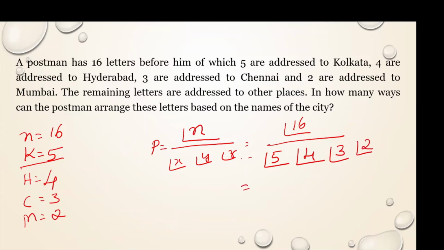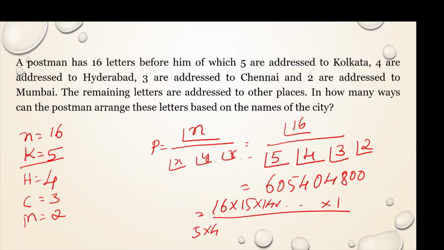And if you calculate this, you will get 6054048000. How to calculate: 16 into 15 into 14 and so on up to 1, divided by 5 factorial, which is 5 into 4 like this. If you calculate, you get this number. That means the postman can arrange these letters in 6054048000 different ways based on the name of the city.